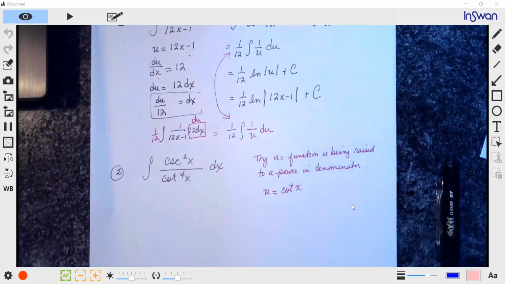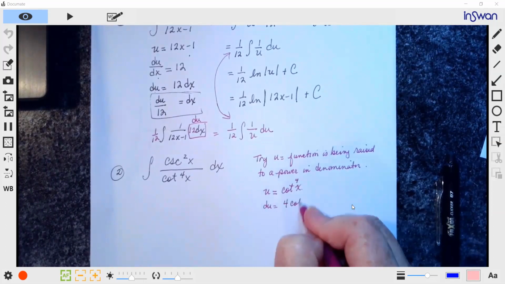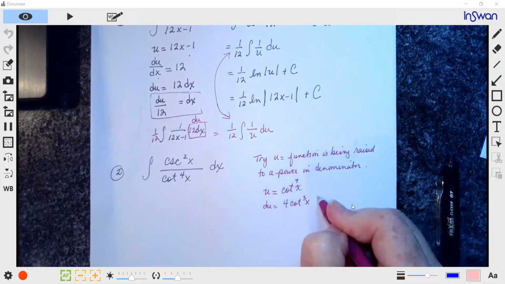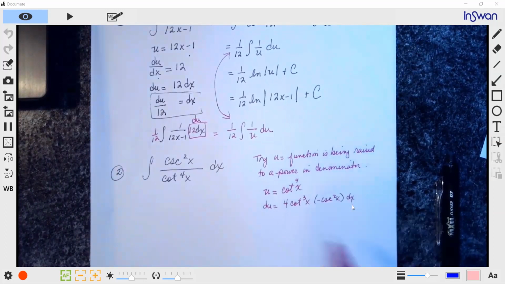And it may just be raised to the first power. But notice that I did not include the power to which it was raised. I just took the cotangent x, because if I let u be cotangent to the 4th, then when I find the derivative, I'd be having to use the chain rule. And that gets messy in a big, big hurry. So we don't include the power to which that function is raised in our choice for u.